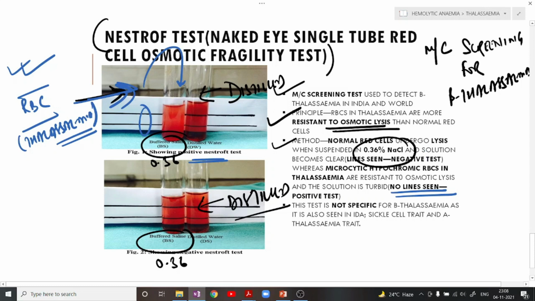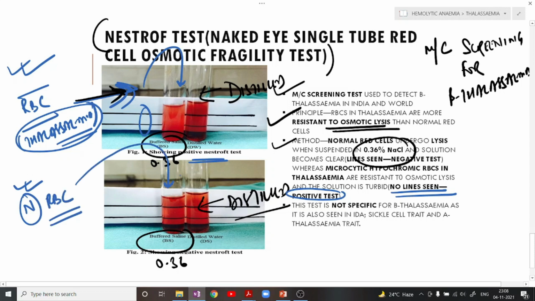So what is a positive Nesterov test? It is when no lines are seen behind, it is called the positive Nesterov test, and this is basically seen in a thalassemia patient. It is positive in case the patient is suffering from thalassemia. Now if you see over here in the second chart, when we have given normal RBCs, at 0.36% NaCl concentration the osmotic lysis occurs.